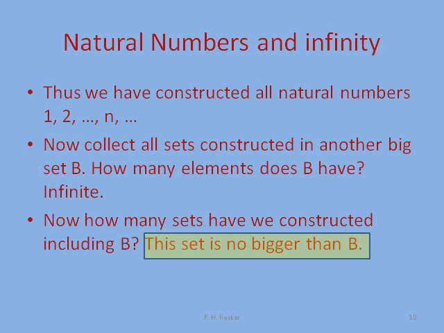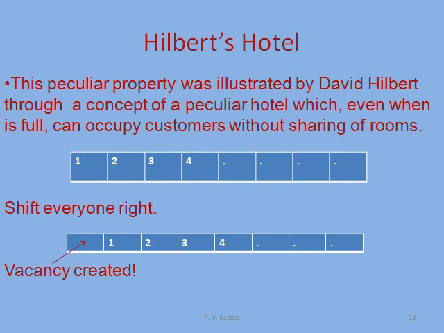So how is that? That is illustrated by the great mathematician Hilbert at the end of the 19th century or beginning of the 20th century. He illustrated this concept in terms of a hotel called Hilbert's Hotel. The interesting thing about this hotel is, even though the hotel is full, it can accommodate new customers without anyone having to share a room. So how is that?